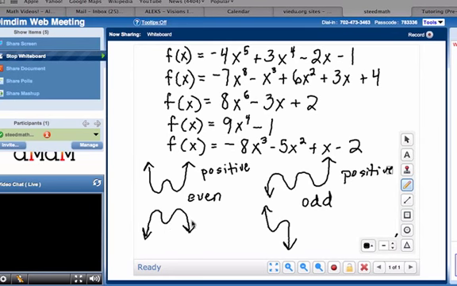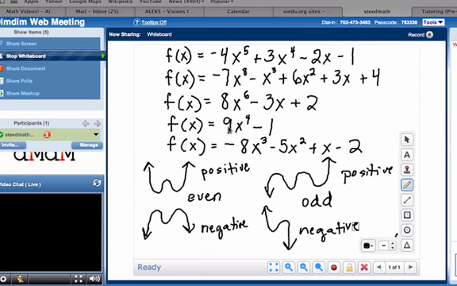Over here on the right, this one's decreasing, so it is negative. And this one's decreasing, so it's negative. This is a negative coefficient, this is a negative coefficient, and this is a negative coefficient. Here are some positive leading coefficients, these two.